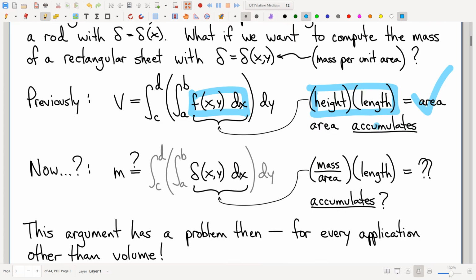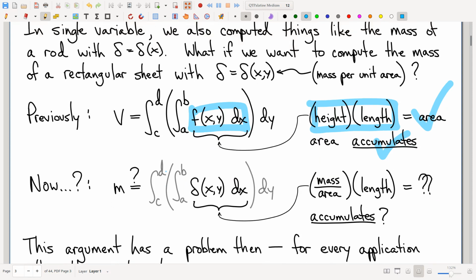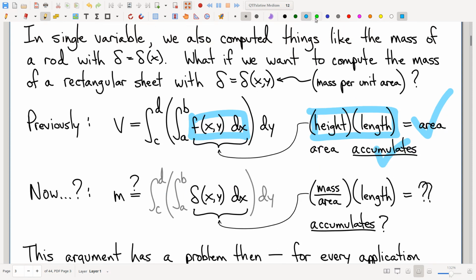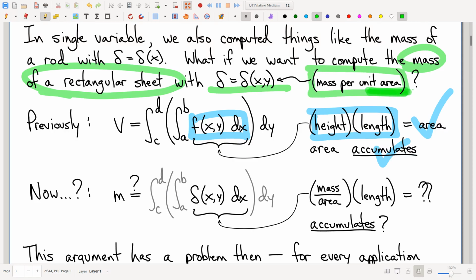Analogously, suppose we're computing mass. By the way, just to get the premise set up, suppose we have mass distributed across an area, density being mass per unit area instead of mass per unit length. So in this question, mass is distributed across area, density is per unit area.